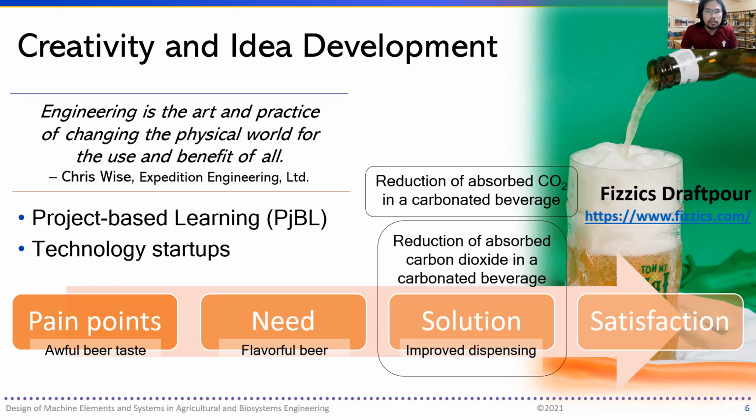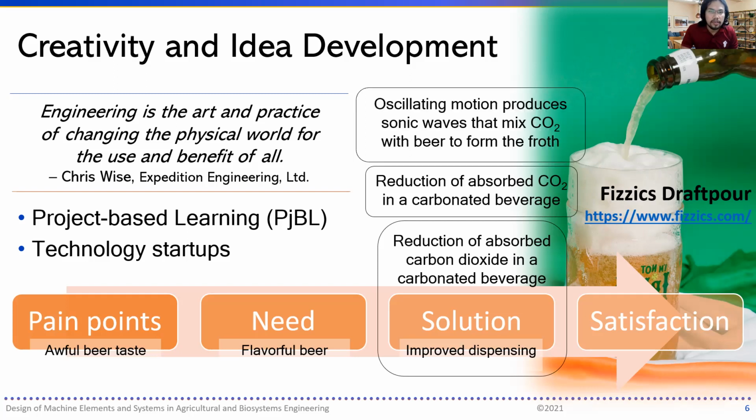Eventually, the oscillating motion should produce sonic waves to efficiently mix this carbon dioxide with the beer to form the froth at the top. And that involves better flavor in the beer.